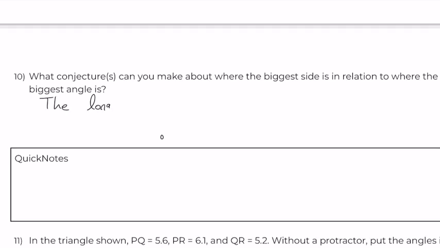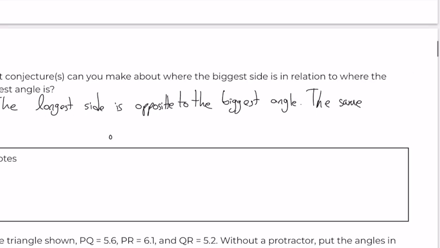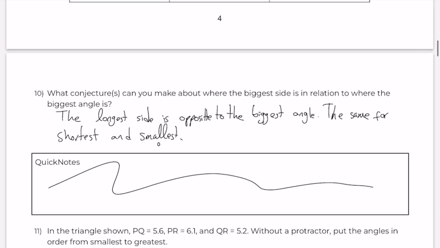So the longest side is opposite to the biggest angle, and the same for shortest and smallest. So that is basically the big idea that I want you to understand.